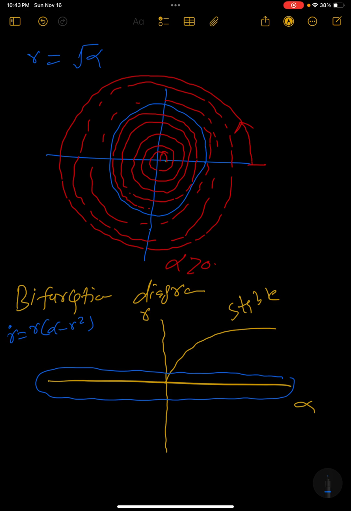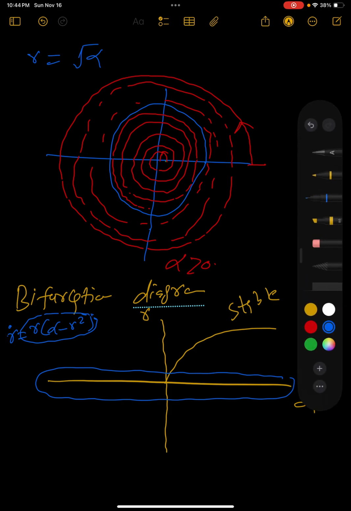The non-linear part becomes 0, so the linear part will have alpha. If alpha is positive, my system is unstable, so this will be a dashed line, when alpha is positive.